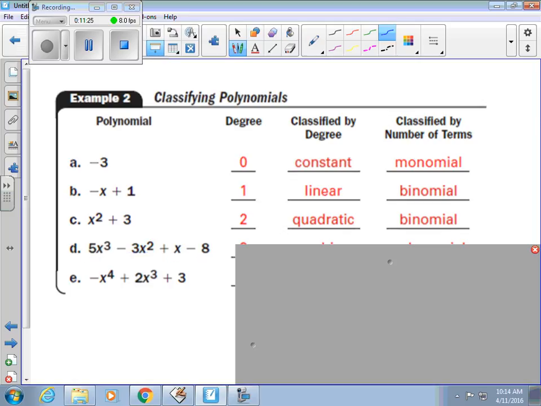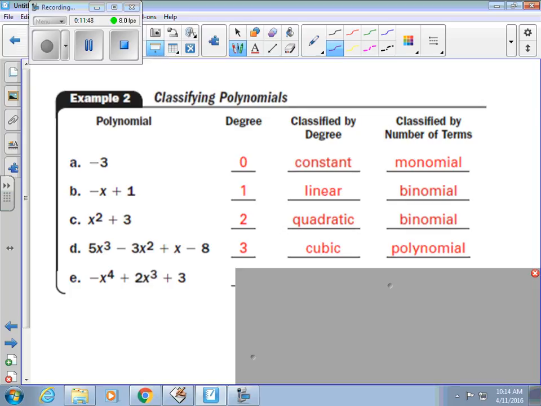But if we go above 3, we'll just simply call it a polynomial. We'll just give it a generic name, polynomial. What is its degree? What's the biggest exponent? 3, we can see it right there. Just find the biggest exponent. Remember, if it's not in standard form, find the largest one. So its degree is 3, and since its degree is 3, it is cubic. So a cubic polynomial. And then how many terms are in the last one?